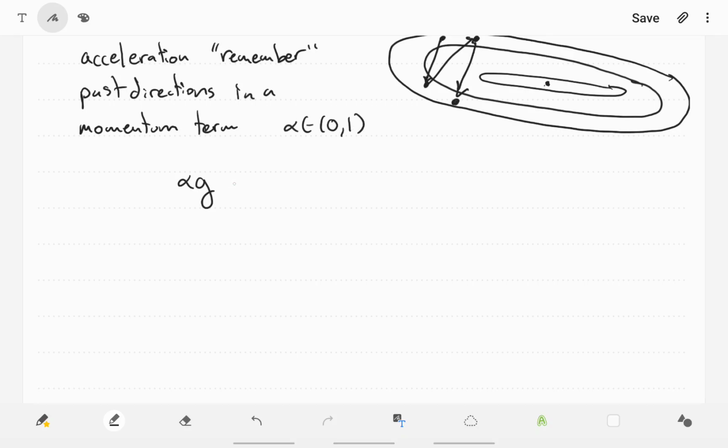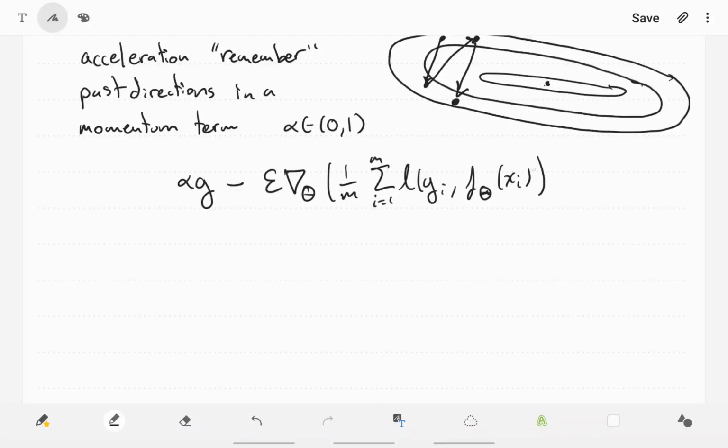And then let's subtract off from G some epsilon parameter times the gradient of just our mini batch loss, of y_i and f sub theta of x_i.